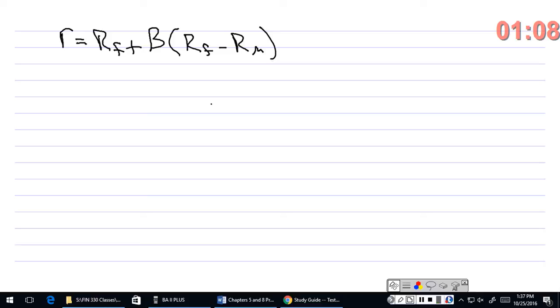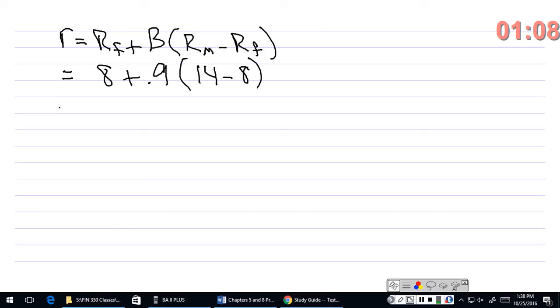So if we, wait a minute, that's wrong. There you go. Need to change it up. Okay, so this is the return of the market minus the risk-free rate. So if we plug this information in based on our problem, that is going to be the risk-free rate of 8 plus the beta of 0.9 times the return of the market, 14, minus the risk-free rate of 8.